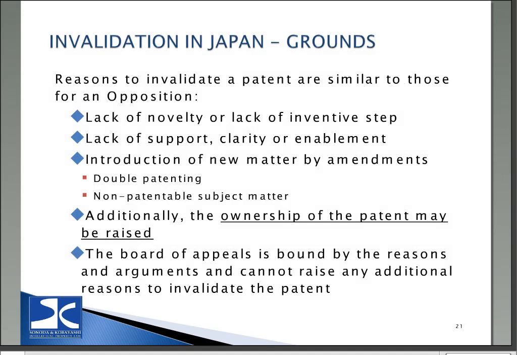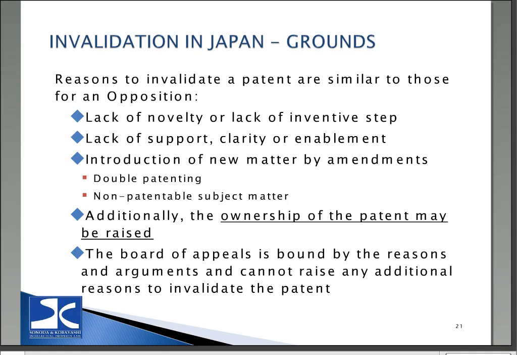And with regard to the grounds for raising a nullity action, they are almost the same as for the opposition, because you can raise any reason for invalidity of the patent. And on top of that, you can question the ownership of the patent, which is similar to the situation in Europe.